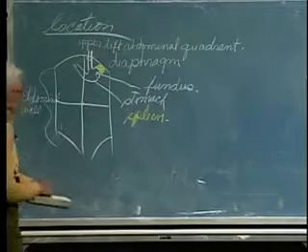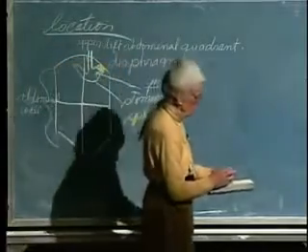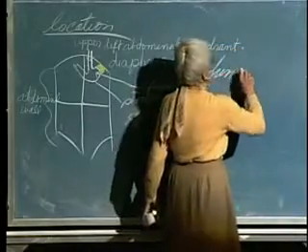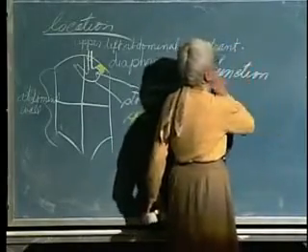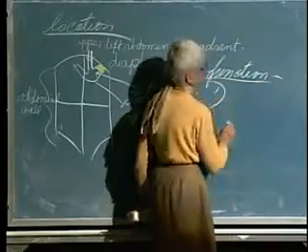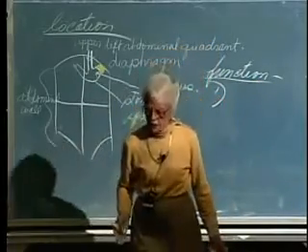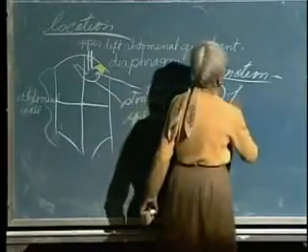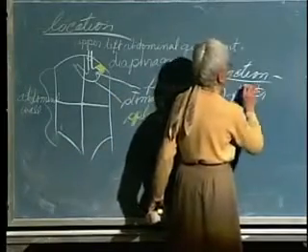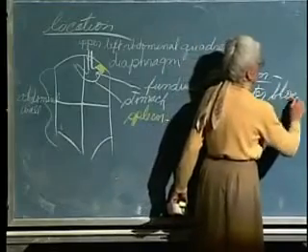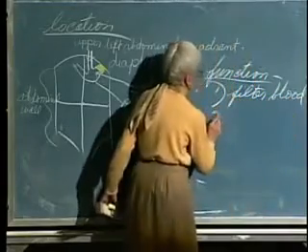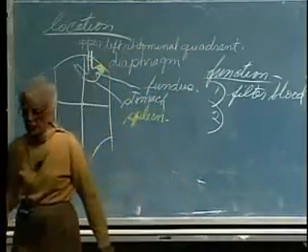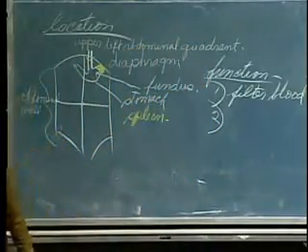Now, why do you have a spleen? What does it do for you? It's designed, as we'll see in a moment, to filter blood. How long did we say your RBCs last? 120 days.